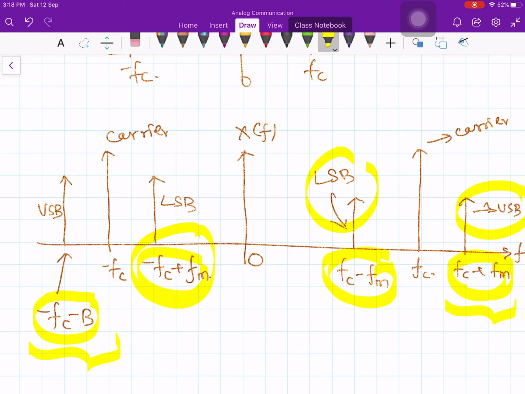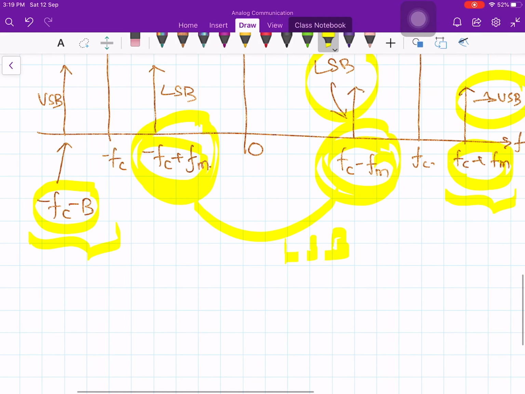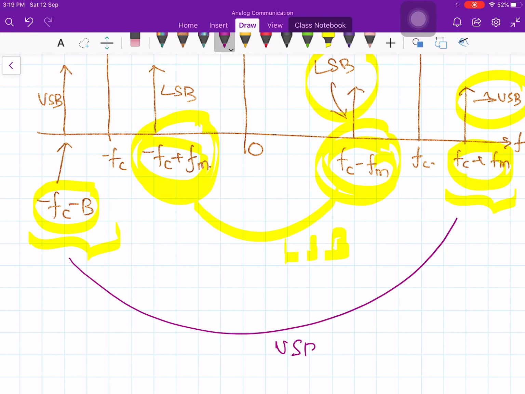So minus f_c plus f_m and f_c minus f_m, these two constitute the lower sideband. So these two constitute the upper sideband, and these two constitute the lower sideband. That's it.